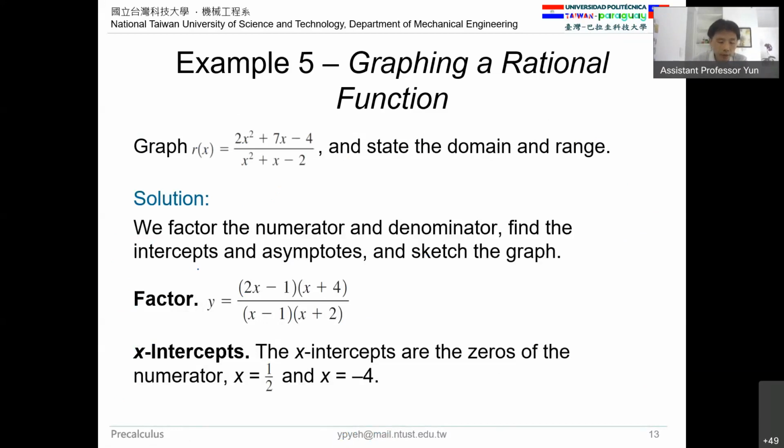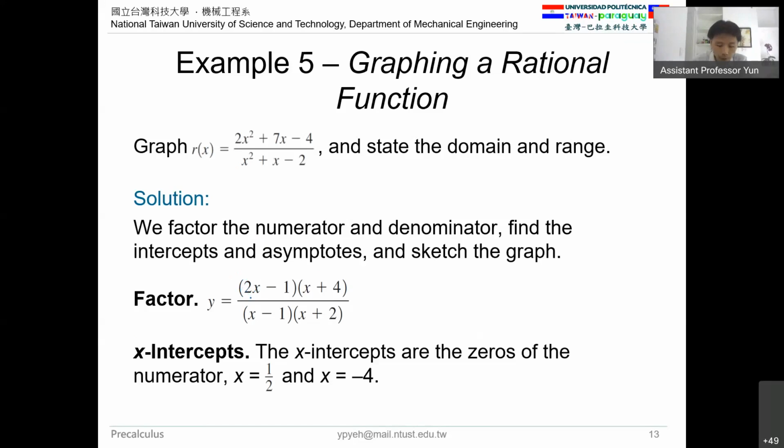So following the steps as we explained in the previous slide, the first step is factoring this function in the numerator and the denominator. After we do the factoring, this is quite easy to find.